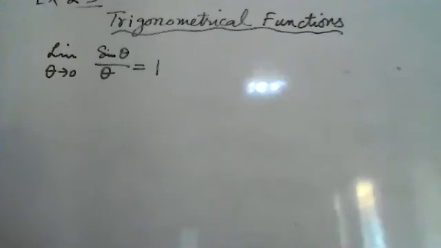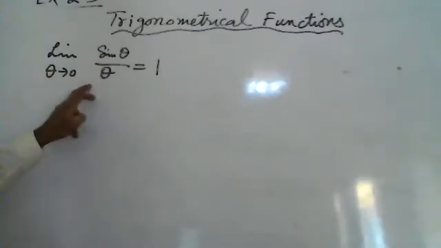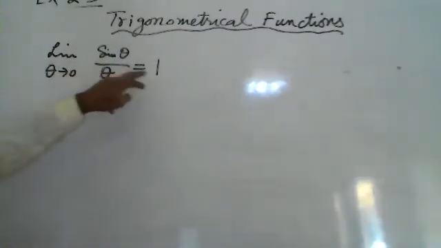Each and every trigonometrical function will be converted in this form: sine of the angle divided by the same angle, and this angle tends to 0. Then the limit of this function will be equal to 1.